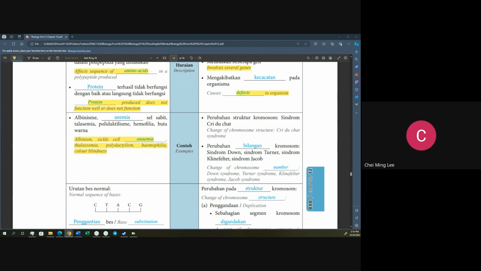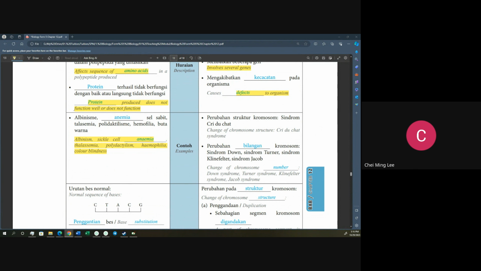Unlike sickle cell anemia, where your hemoglobin turns into a different shape which is not effective, thalassemia is where your body doesn't generate enough hemoglobin.